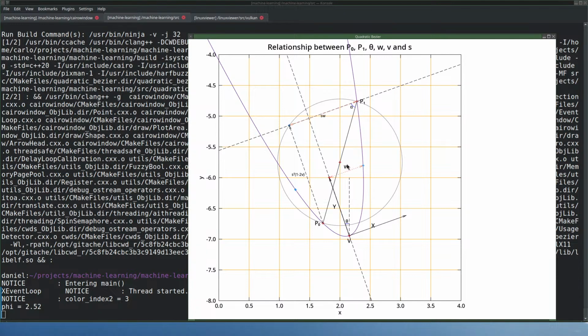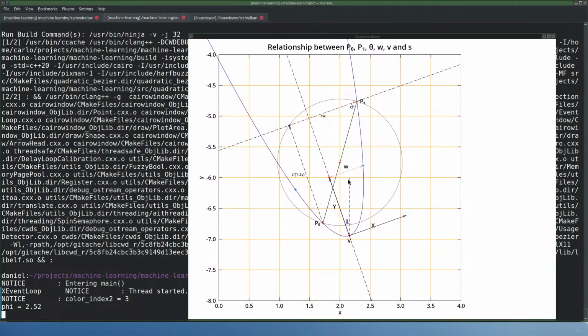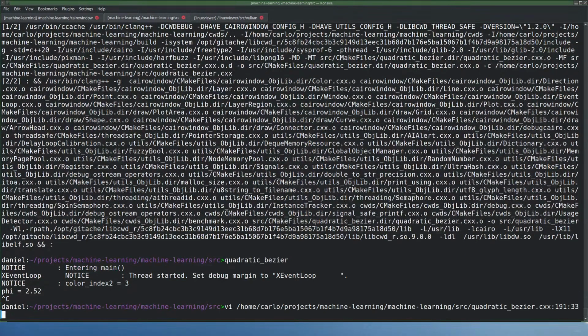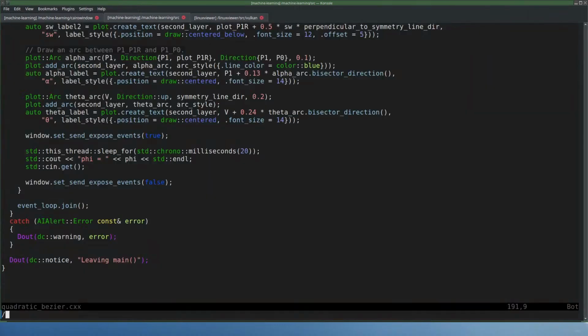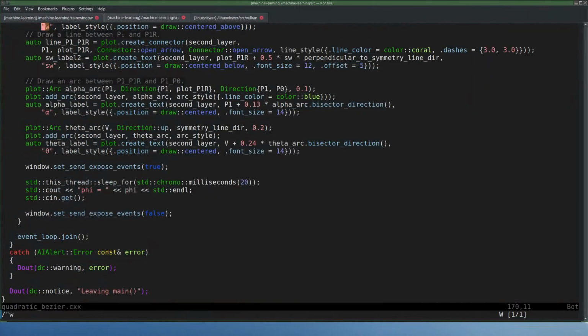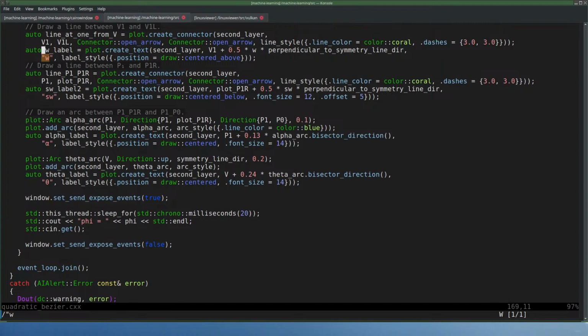So I probably should make the font smaller and put it closer to this line also. Font size, make it a bit small, I don't know.